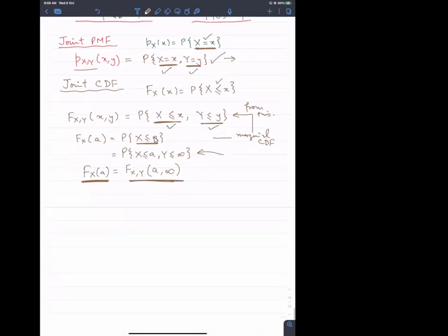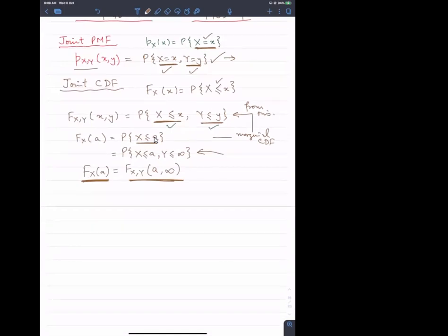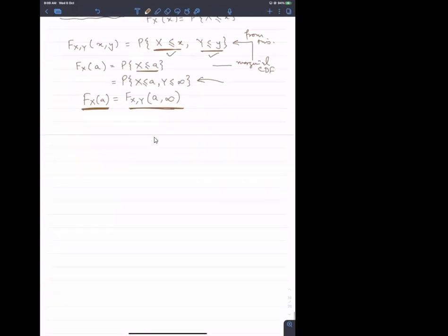So last time we had seen that from the joint PMF you can find the marginal PMF by summing out y and summing out x. If you sum out y, you get the PMF of x, and if you sum out x, you get the PMF of y. Okay. Similarly, you can find the marginal CDF from the joint CDF.